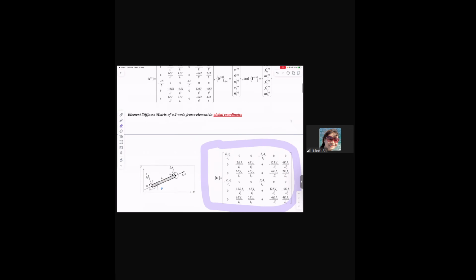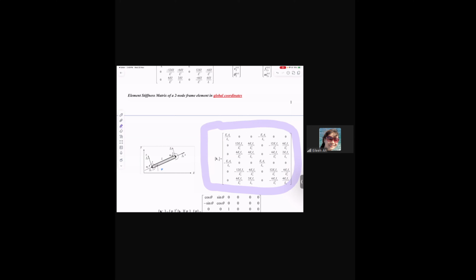My bad. Okay, now to calculate the stiffness matrix for each of the elements, and this is the equation.